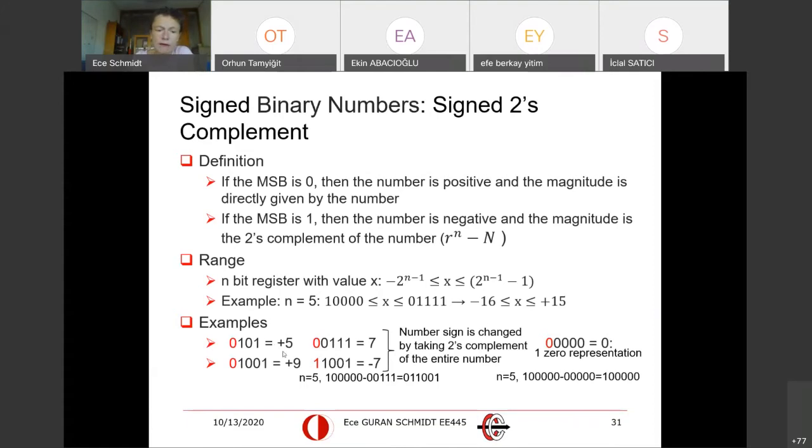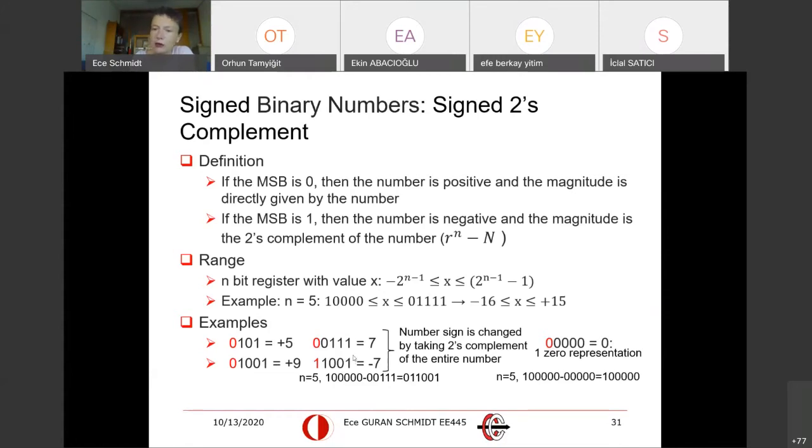So this is plus 5, this is plus 7, and this is plus 9. And if I want minus 7, this fits the description: it is 16 minus 7, so this looks like a 9.